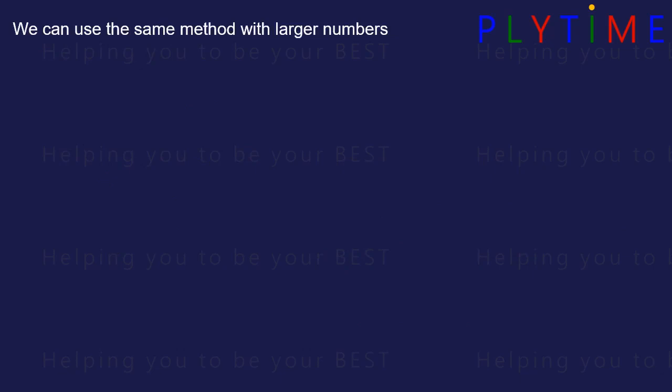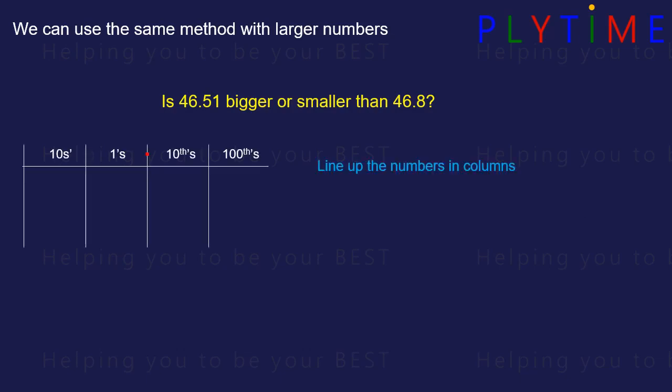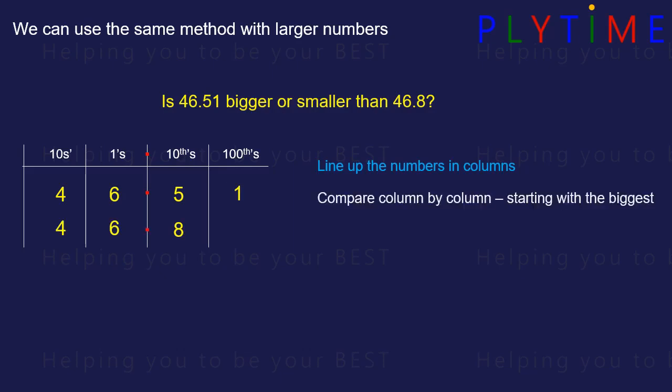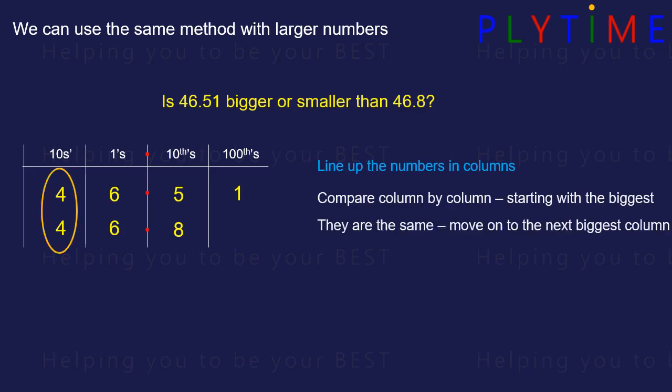We can use the same method with larger numbers. Is 46.51 bigger or smaller than 46.8? Put the numbers into the columns, 46.51 and 46.8. Compare column by column, starting with the biggest. Look at the tens column. They're both the same, so then we move on to the next biggest column, the ones column.